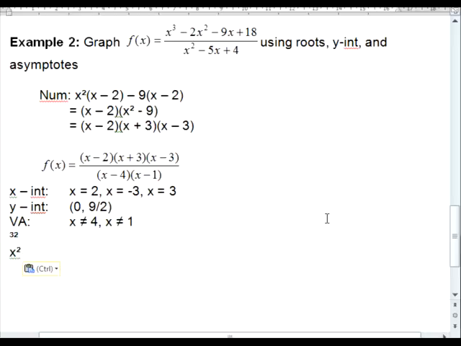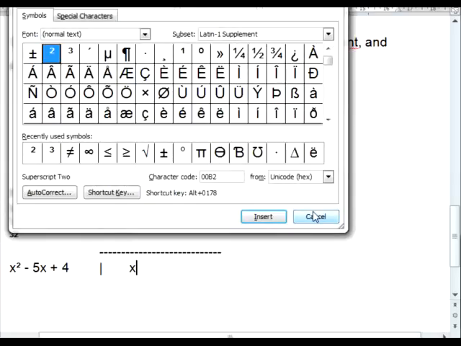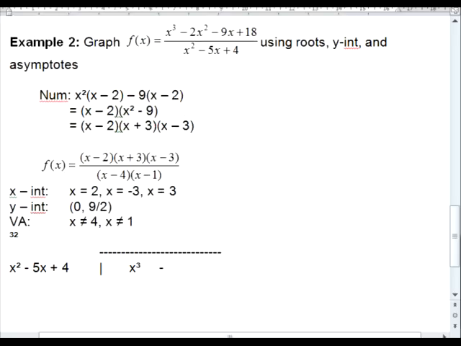So I'm going to divide x squared minus 5x plus 4 into x cubed minus 2x squared minus 9x plus 18.